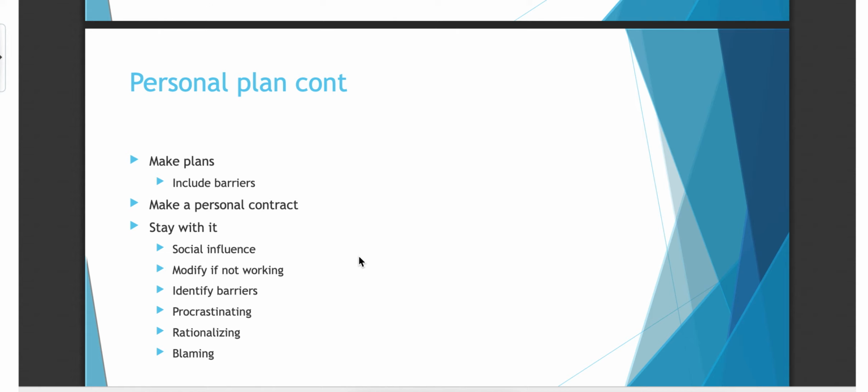Evaluating social influences: who is helping you stay on this track and who's not helping you, and you're going to have to figure out how you can make sure that everything is pointing you towards this behavior change if it's important to you. Make sure, again, you identify those barriers because they're going to keep you from being successful, and you have to learn to recognize and prevent yourself from procrastinating, so pushing off changing your behavior, like, "Oh, I'll do it tomorrow or do it later," or rationalizing, saying, "Well, I know I didn't eat right today, but I had friends over and they didn't want to eat what I was eating."